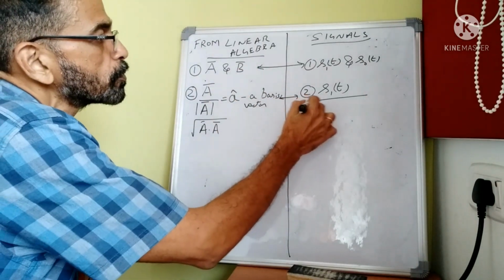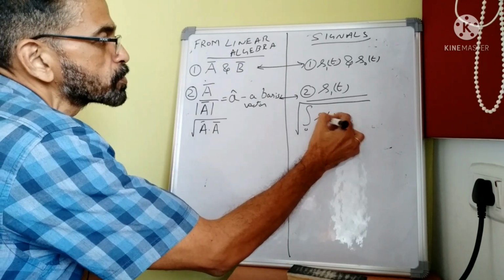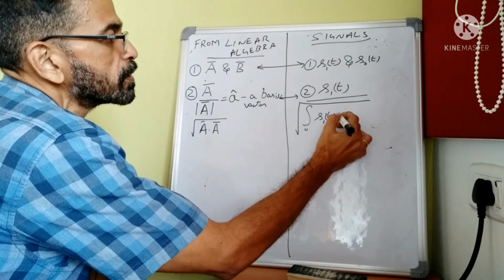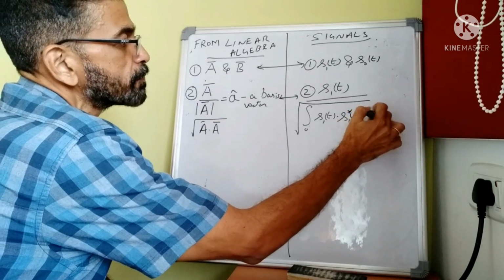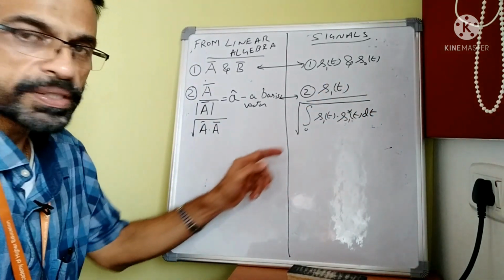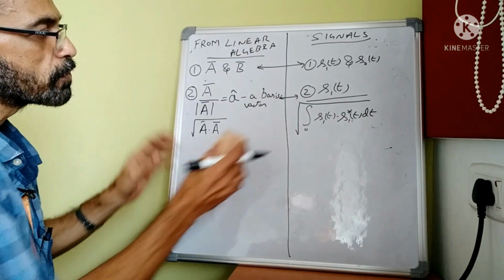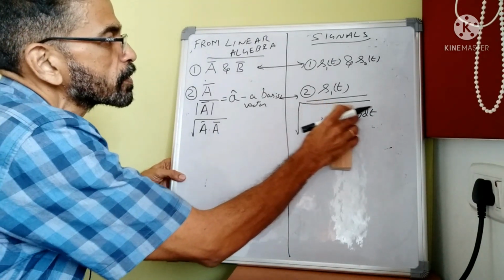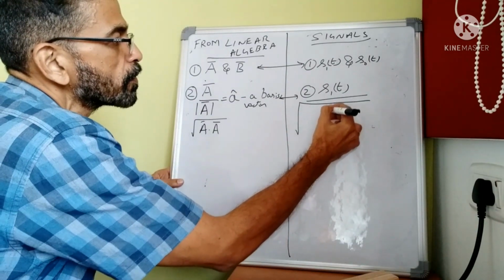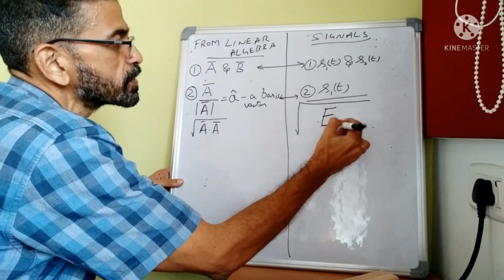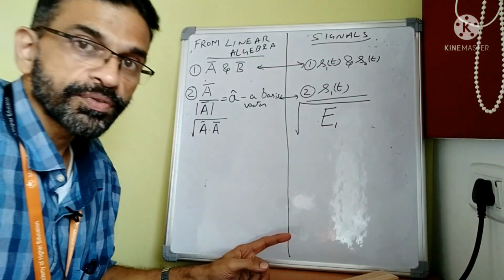This is the inner product when it comes to signals, multiplied by S1 conjugate t dt. And we can readily visualize this as the energy of the signal S1 of t. So we write this as E1, where E1 is the energy of the signal S1 of t.